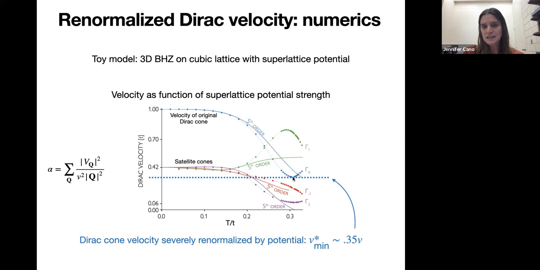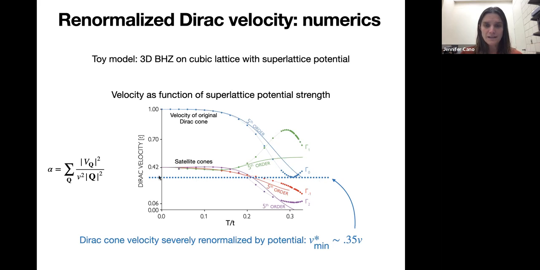But the other interesting thing that you see by following these blue dots is that there's actually a minimum here. For some reason, the Dirac cone velocity doesn't reach zero and it doesn't decrease monotonically, but it reaches some minimum value. And that minimum value is around 1/3 of its original value. I drew in this dashed line so that we could compare.